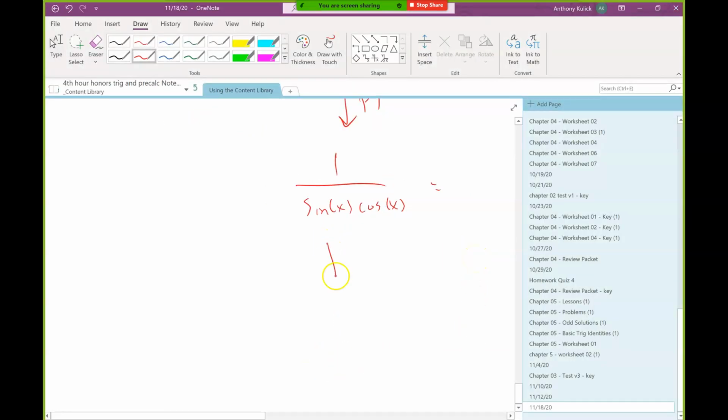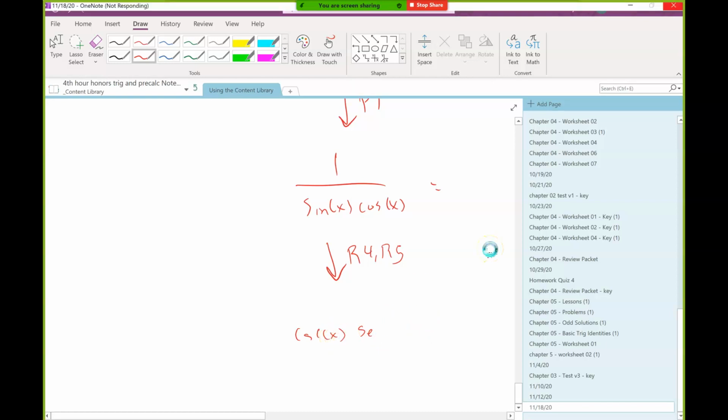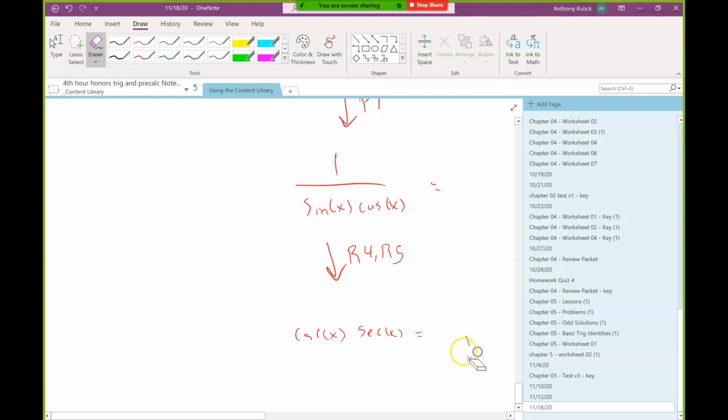And then my last step, I'm using R4 and R5 to turn 1 over sine into cosecant and 1 over cosine into secant. And I'm done, because the two sides are now the same.